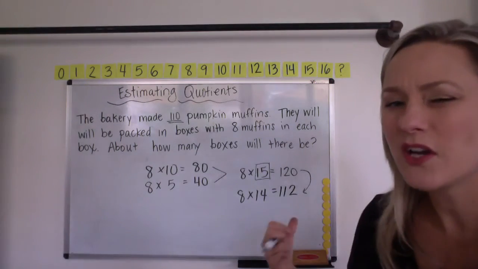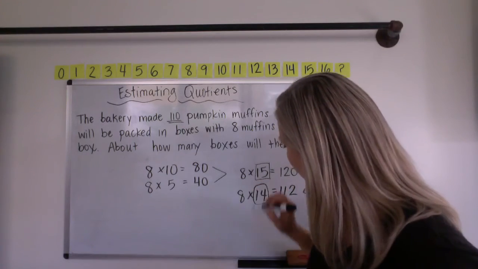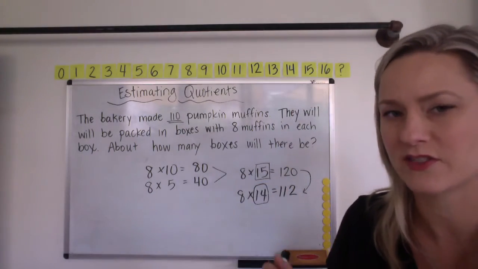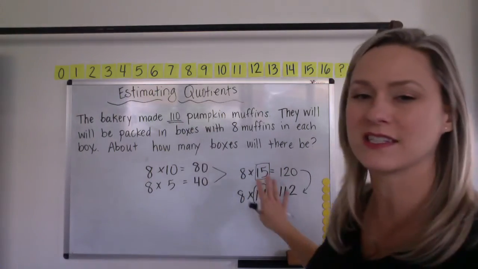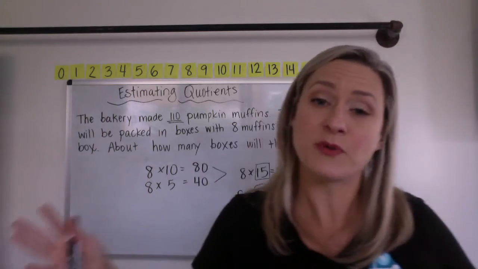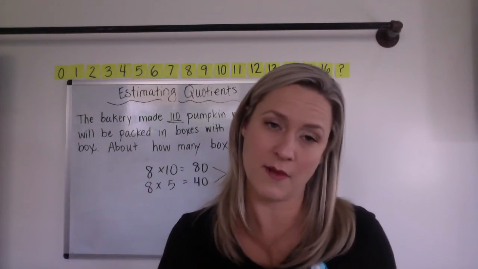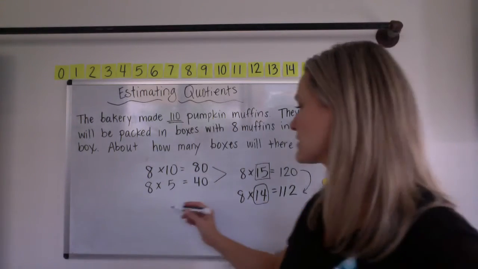Okay, so that means we're going to need about 14 boxes, right? We're going to have 2 spots left over because one of the boxes will still have 2 spots to put muffins. So we need between 13 and 14 as our quotient here, right? We'd need between 13 and 14 boxes.